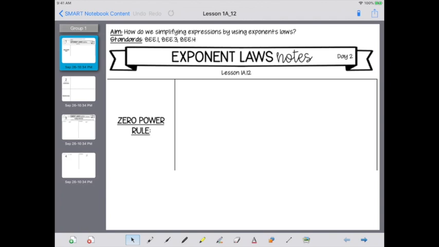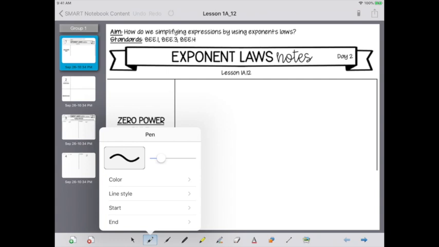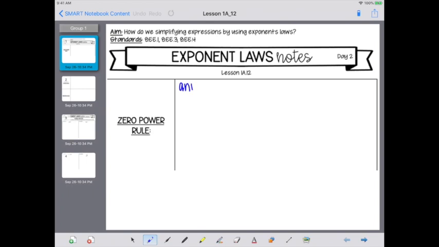And the first law that we're going to be talking about is the zero power rule. So something you have to remember about this is anything to the 0 power is going to be 1.